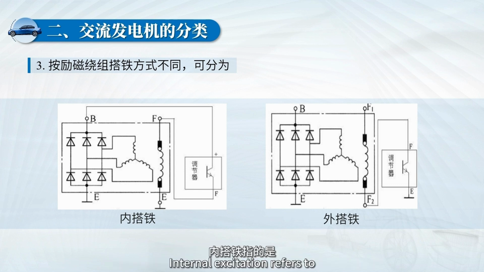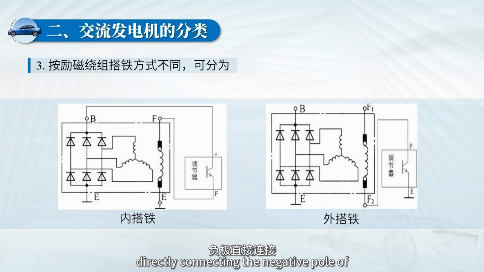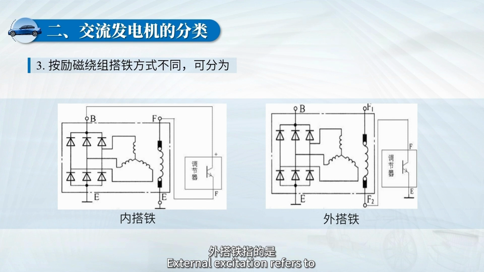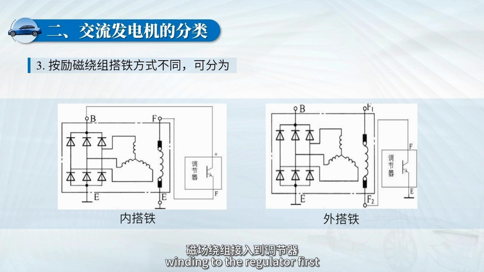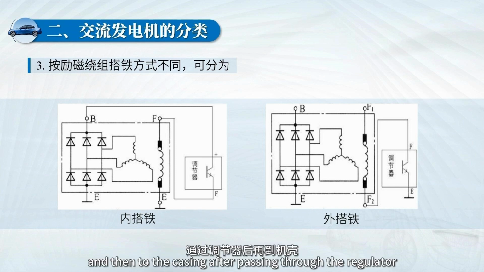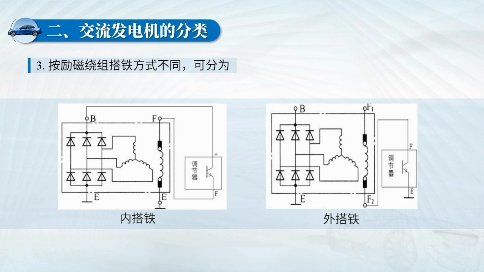Internal excitation refers to directly connecting the negative pole of the magnetic field winding to the casing. External excitation refers to connecting the negative pole of the magnetic field winding to the regulator first, and then to the casing after passing through the regulator.